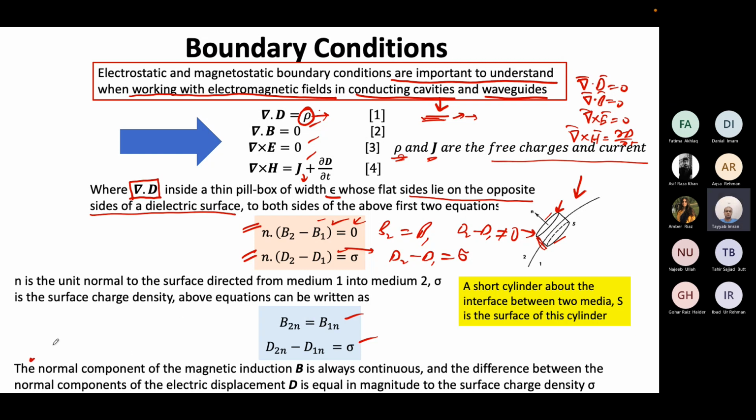What is written here, the normal components of the magnetic induction B is always continuous, and the difference between the normal components of electric displacement D is equal in magnitude to the surface charge density. ठीक है. In case of D displacement, electric displacement, the difference between the first medium and the second medium is equal to the surface charge density. ठीक है.